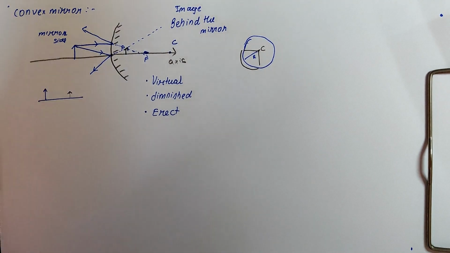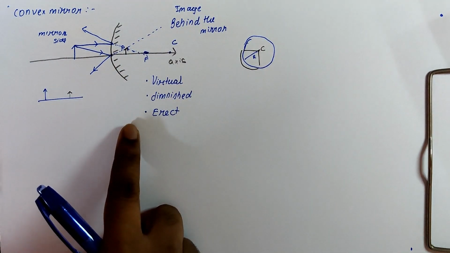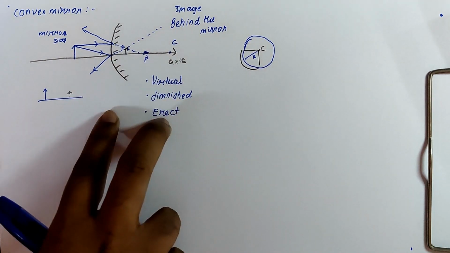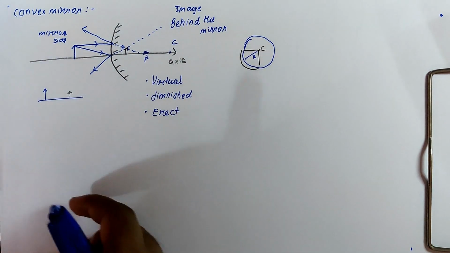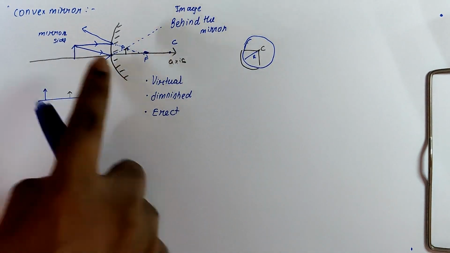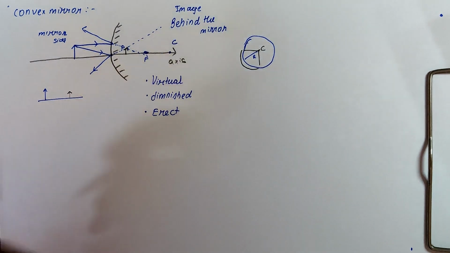Now let us take a special case for the convex mirror that varies from this result but would be similar. And by the way, this is the only other case, when the object is at infinity.